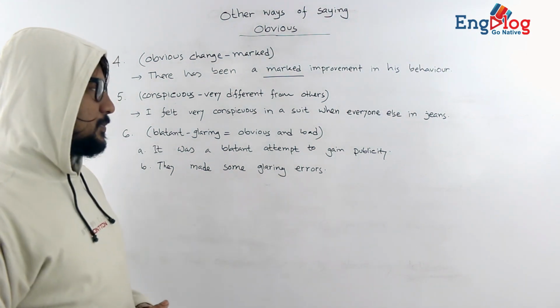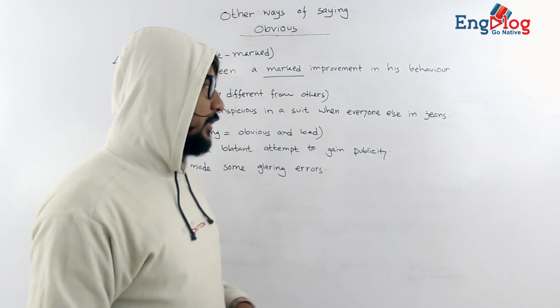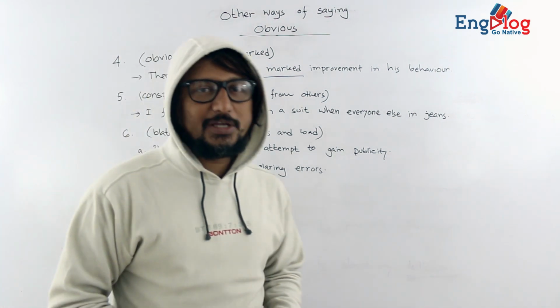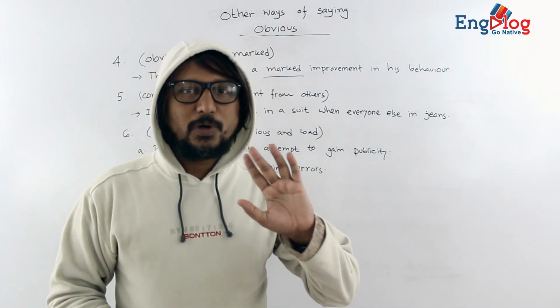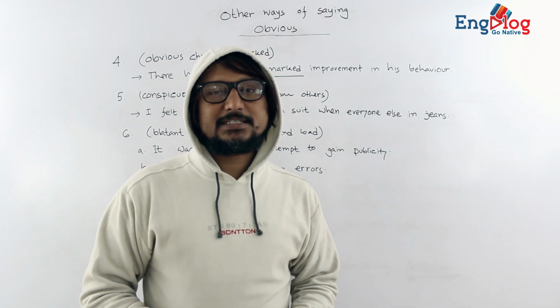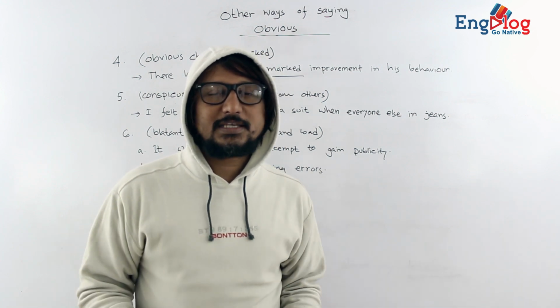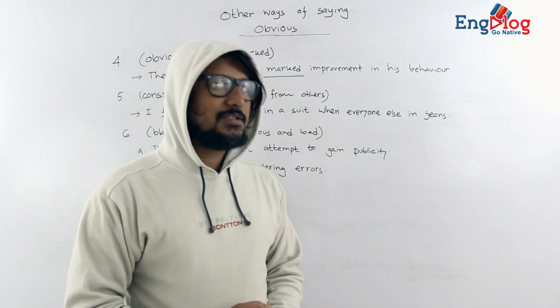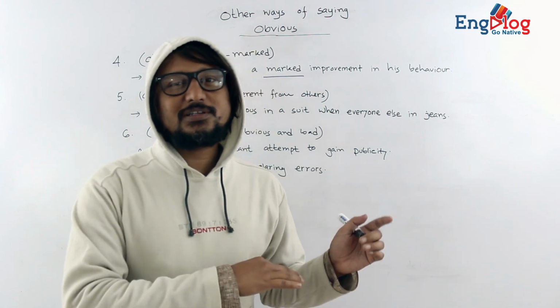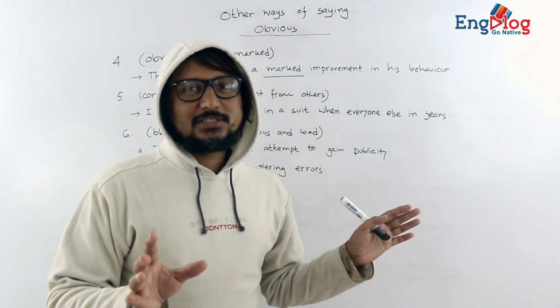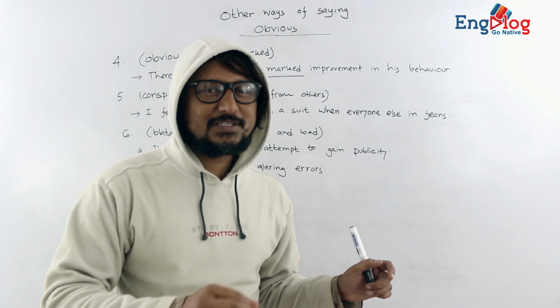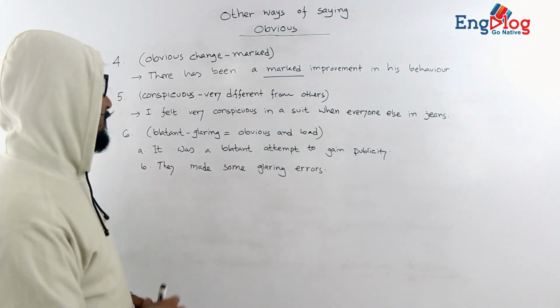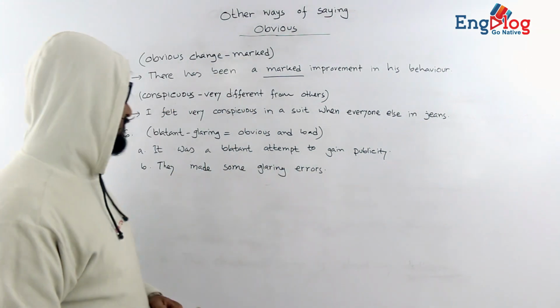I felt very conspicuous in a suit when everyone else was in jeans. So suppose you were invited to a party and everyone except you was in jeans and you were in some different dress, so you were just the center of everyone's attention, right? So it is called conspicuous, right?